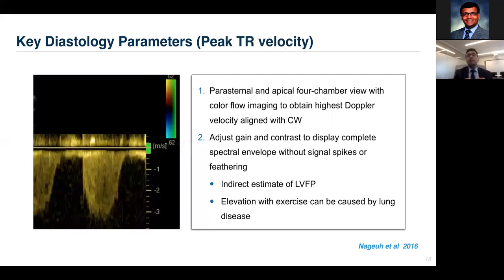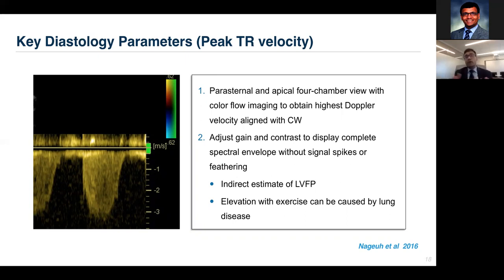And finally, for the peak TR velocity, you need to do multiple views, at least four-chamber views, or the parasternal view with the inflow view to try to get the highest TR velocity jet. And the peak TR velocity is usually elevated in patients who have elevated filling pressure when the mean PA pressure is going up.